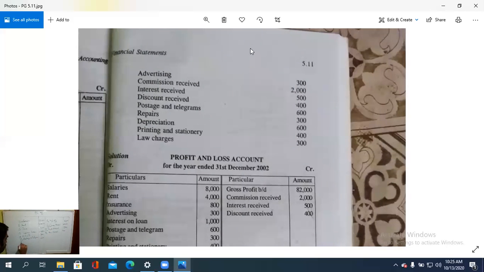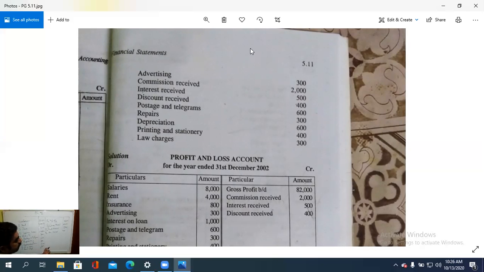Then to repairs, 300. To depreciation, it is 600. And to printing and stationery, 400. And to loan charges, it is 300. So these are the items to be debited as well as to be credited. Then take the total of both the sides.